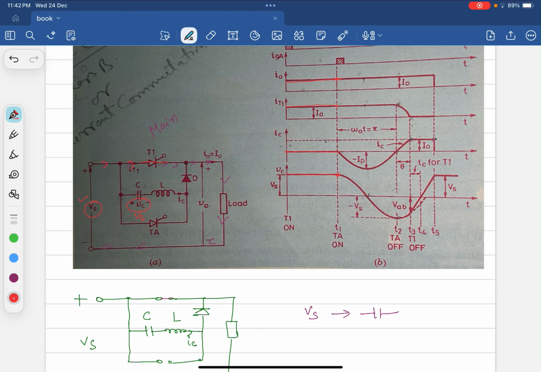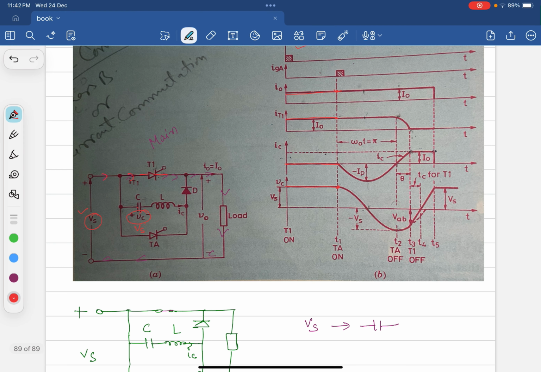After the instant t1, when we trigger the thyristor Ta on, this auxiliary thyristor is on. Now the situation changes. When this auxiliary thyristor is triggered, the capacitor now gets a path to discharge.